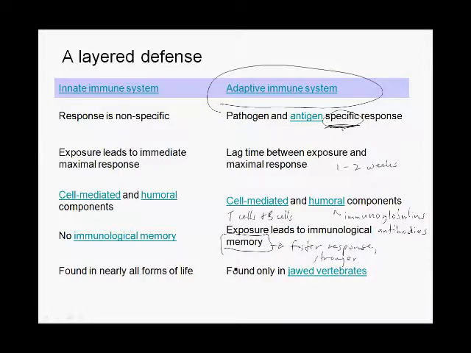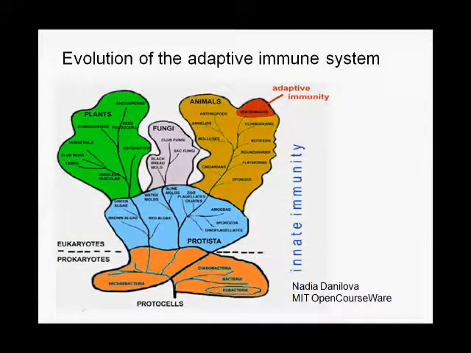So this wonderful adaptive immune system is highly evolutionarily restricted. It's found only in the jawed vertebrates. And this figure shows you essentially the broad spectrum of life. Here we have the single-celled eukaryotes, the protists, plants, fungi, animals.